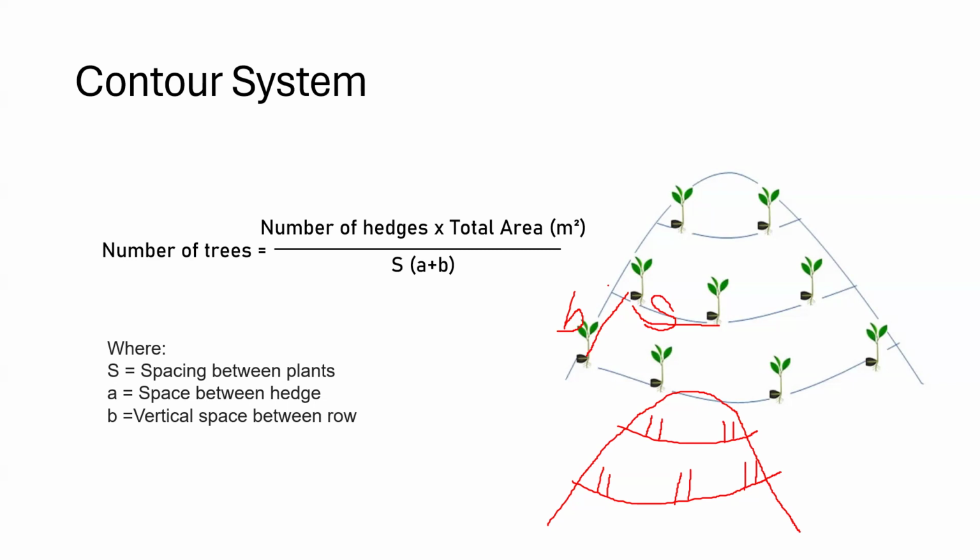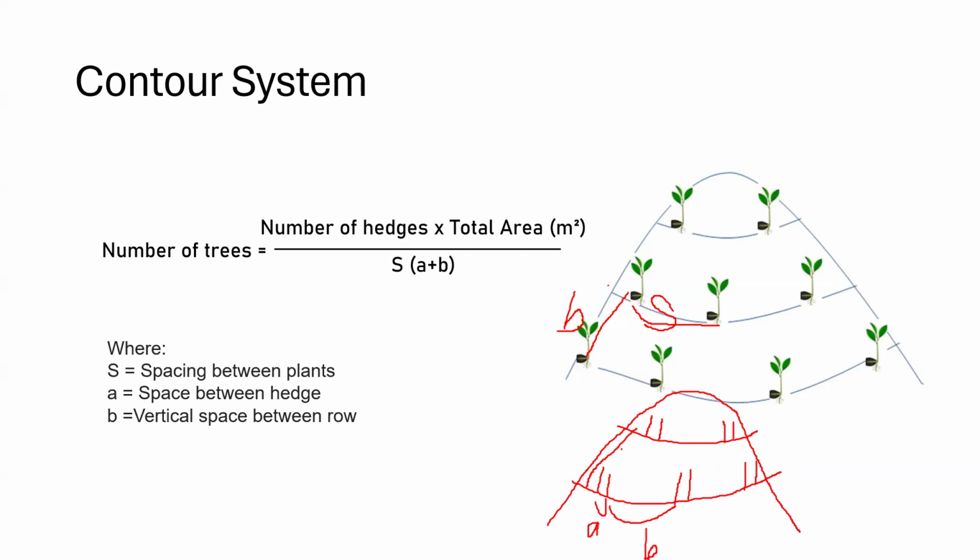So yung distance between hedge is the distance from this one to this one. Then distance between plants from this one to this one, S. Then distance between vertical rows there to there. Uy, S pala yan.